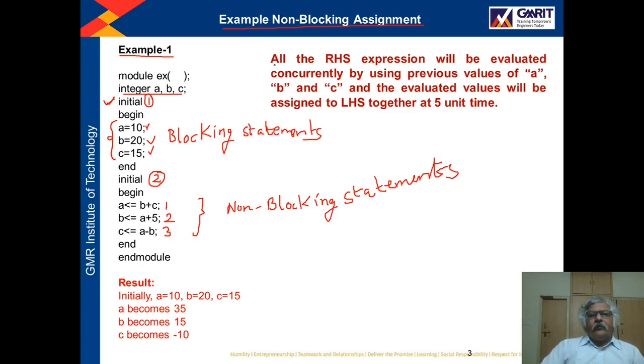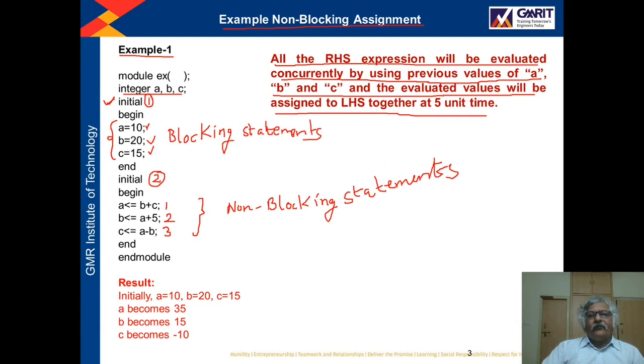So now all the right hand side expressions will be evaluated concurrently by using previous values of A, B and C, and the evaluated values will be assigned to the left hand side together at 5 unit time.